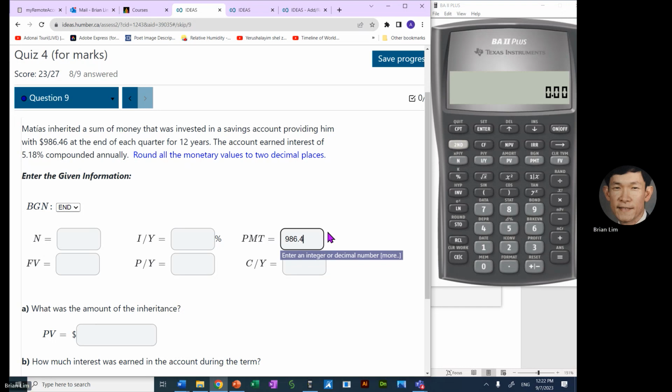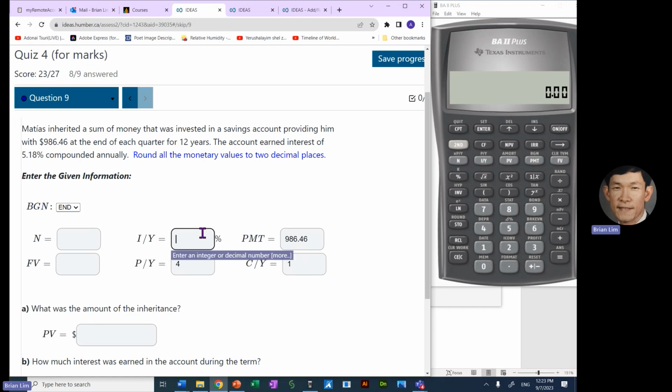End of each quarter, so PY is 4. Compounding is annually, so it looks like an ordinary general annuity. All right, good.